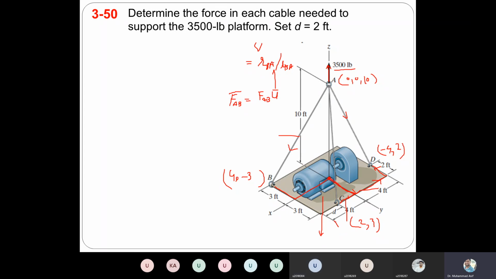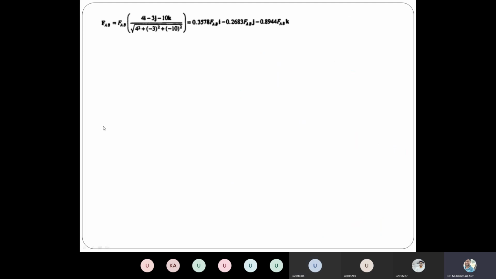From the position vector you divide by the magnitude, then you will get the unit vector. This is the way that you convert all the forces into vectors, and then you apply the three conditions of equilibrium. Let's say the first was FAB. You multiply that FAB with the unit vector.